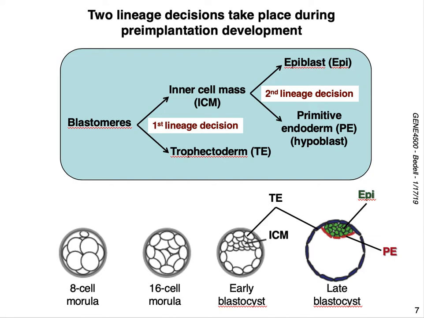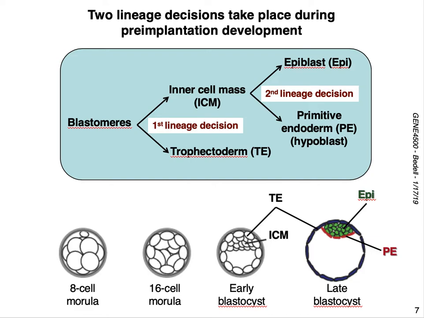Okay. Now the first lineage decision has been determined. ICM, inner cell mass, and TE, trophectoderm. So ICM and trophectoderm are the result of the first lineage decision, and it's all set in motion because of this outer and inner organization of the cells.